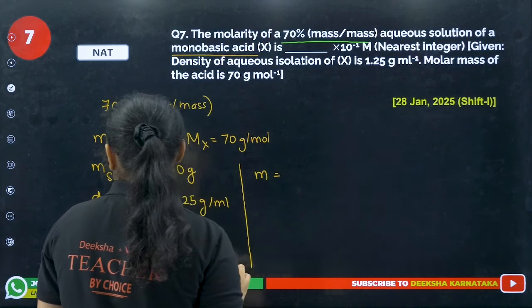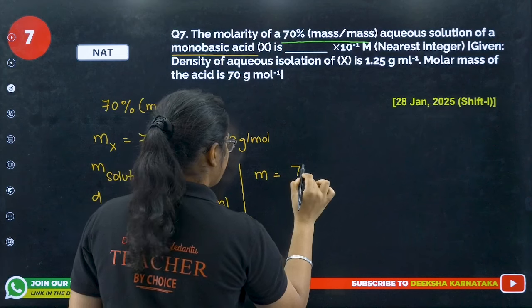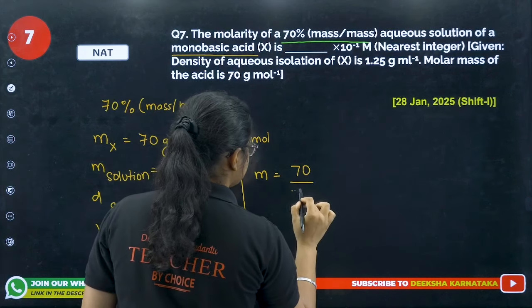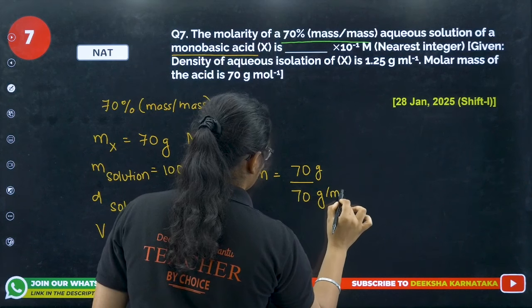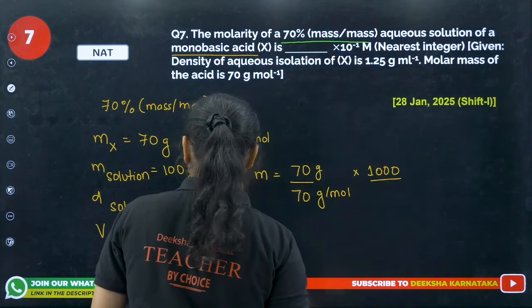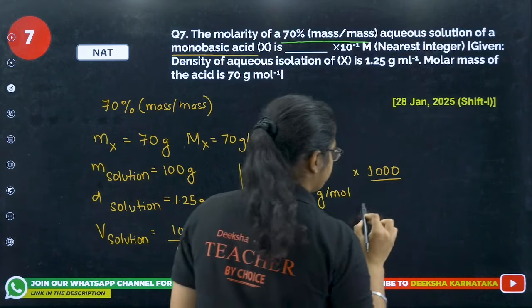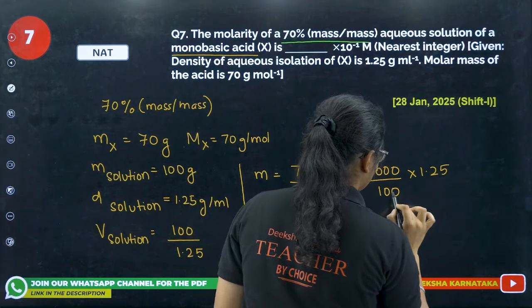Okay. Next we have here molality. Okay. Molality is equal to the mass of the solute 70 by molar mass of the solute 70, grams per mole, into 1000, okay, by 100 by 1.25. Volume I am putting as 100 by 1.25.